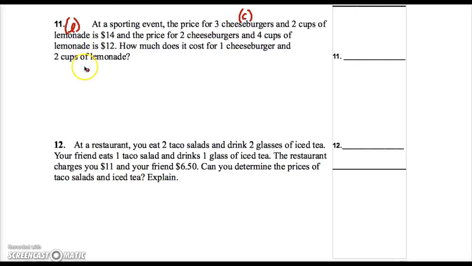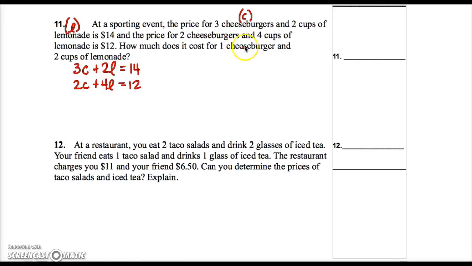Okay, so 3 cheeseburgers and 2 cups of lemonade has to equal 14. My other equation says 2 cheeseburgers and 4 cups of lemonade has to equal 12. Okay, so here's my system.